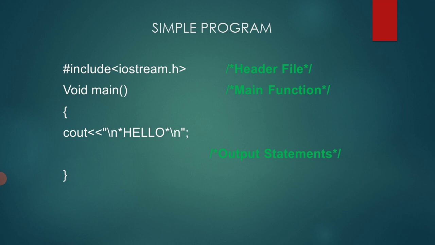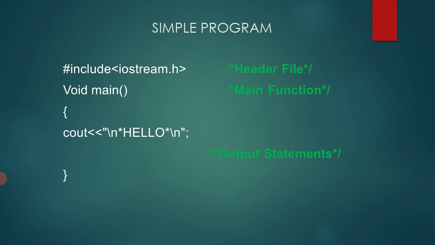Now I have taken a simple example. This is a very simple program that I have taken, and here I want to show you the meaning of every line. Look at the very first line, #include <iostream.h>. What is hash? Hash is a preprocessor directive. The very first line is the header file line, because in this we are using a header file. Which header file are we using?